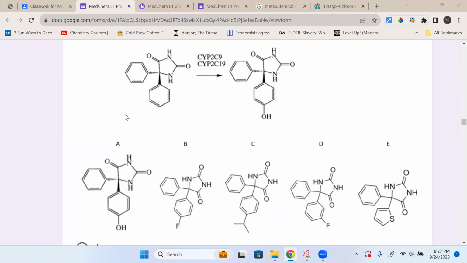Make it more lipophilic. It's an option. Yep. But how can we specifically prevent this reaction? How could we specifically prevent it?